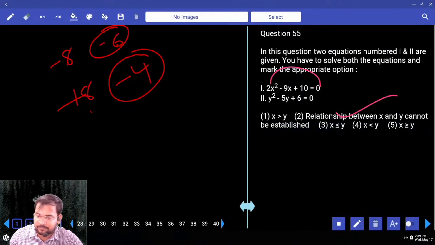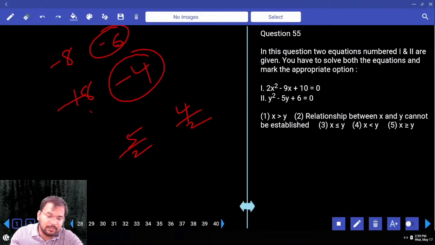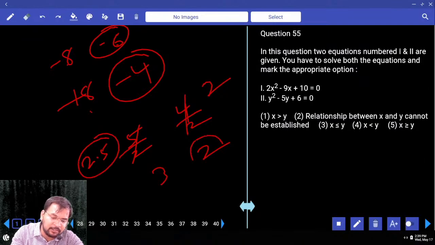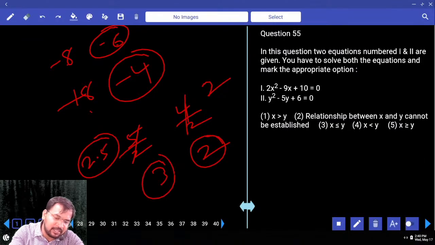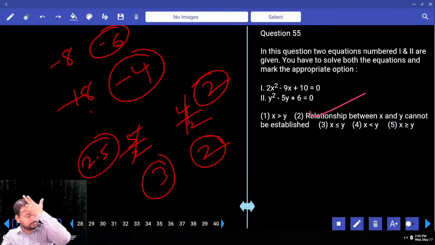No relation. 2 tens are 20, 5 by 3, 2, this is 2, this is 2.5. Now 2.5 is greater than 2, but 3 is greater than 2, so the answer is no relation.